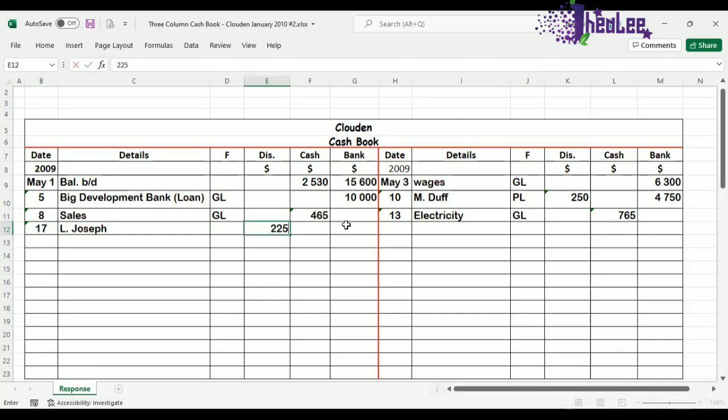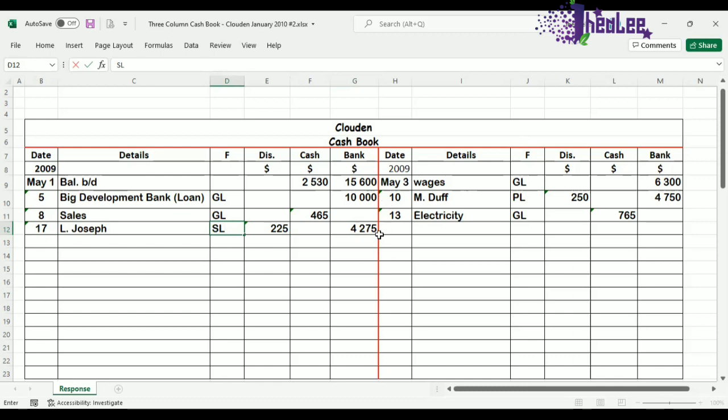And the difference between that 4,500 and the 225 is what we record as our receipt, the actual value that we have received from L. Joseph. And this is $4,275. The folio, because this person is a customer, the folio is sales ledger because customers' accounts are located in the sales ledger.